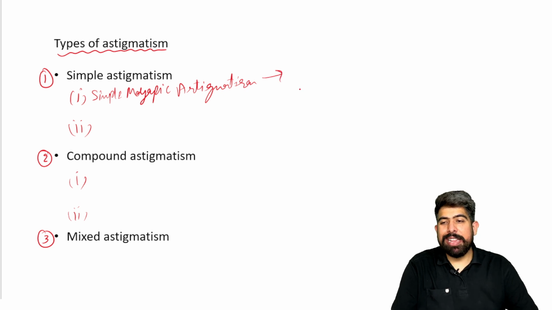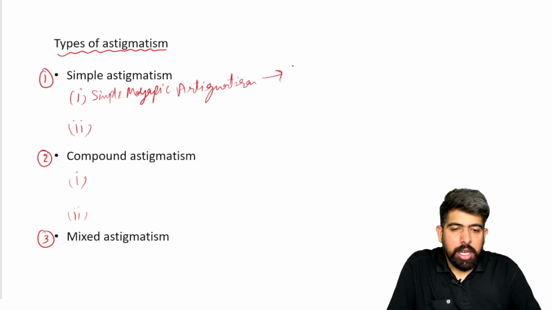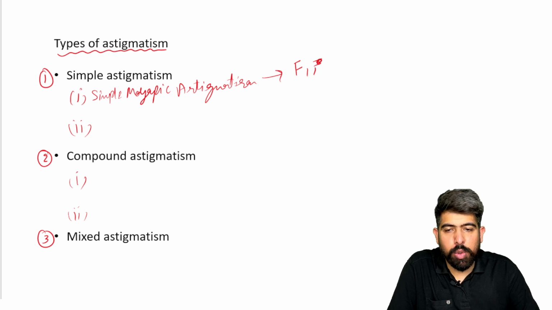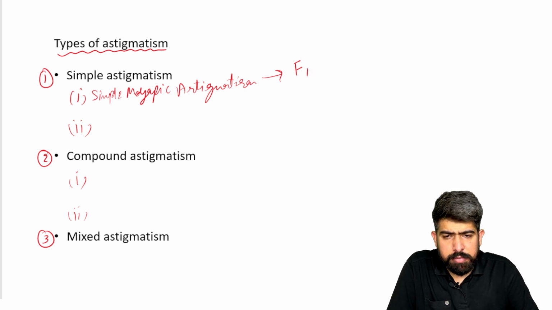Now what will happen in this condition? Please understand this. As I told you, the focus points will be two, focus point 1 and focus point 2, F1 and F2.